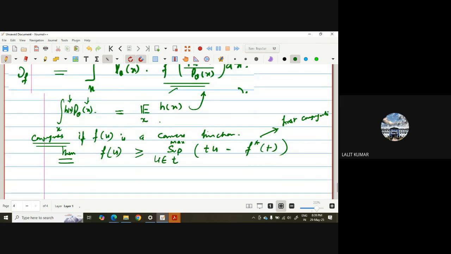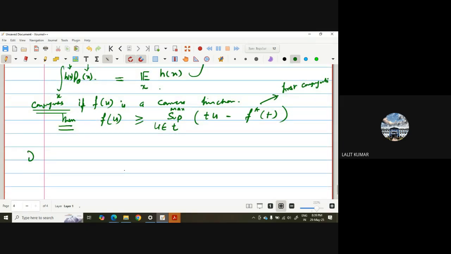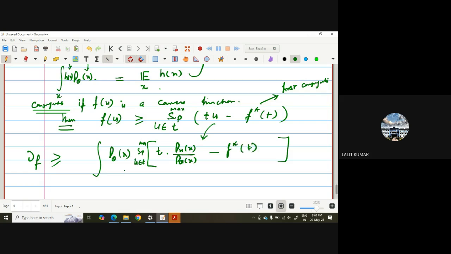With the help of this, we wrote this function p(x) over p theta of x as f(u), and then we got that Df will be greater than or equal to the integral of p theta of x, with u equal to p(x) over p theta of x. So we can write this as the sup max over u belonging to T of t times p(x) over p theta of x minus f star of t, dx. Here I forgot the dx.